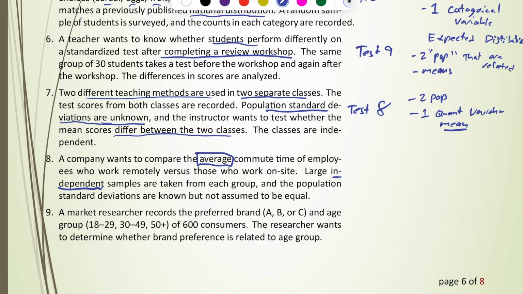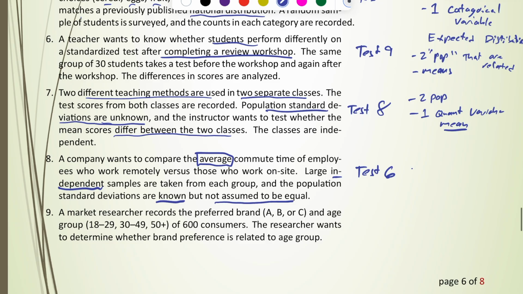Pause it. What do you think? Since they are known but not assumed to be equal, I'm thinking this is going to be test 6. 5 through 8 are the two population means. 5 is known equal, 6 is known unequal.